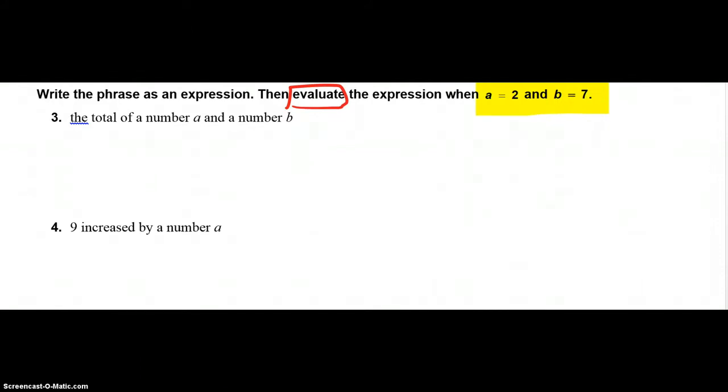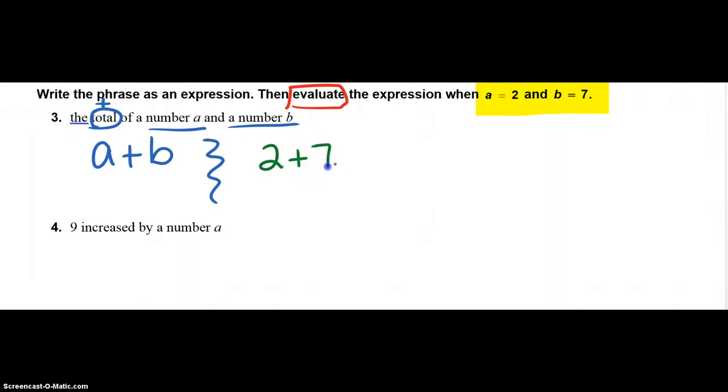So number 3 says the total, and total is a key word there, that means adding, of a number A and a number B. So we would use the sum here, the total is the sum, so number A plus a number B. So that's the first part. Now we actually want to plug in values for A and B. So A is 2 plus B is 7. And that equals 9.